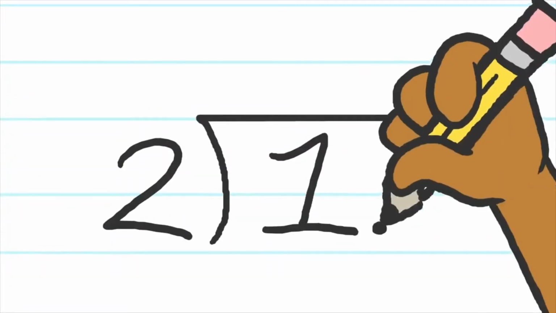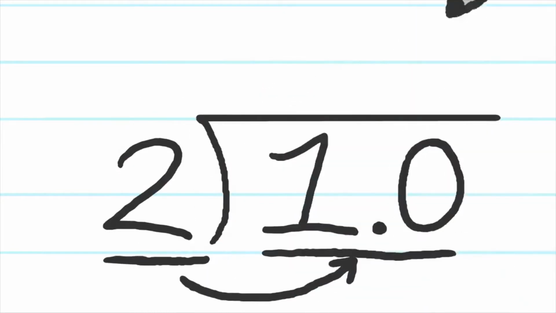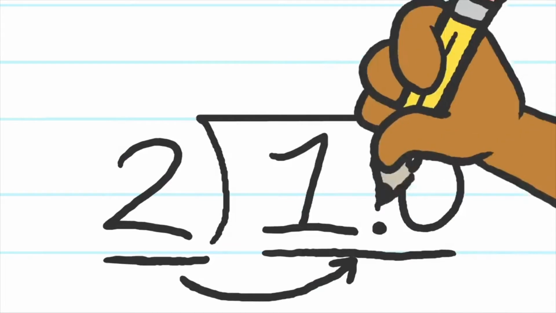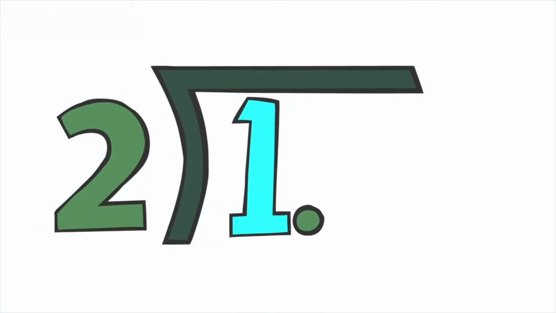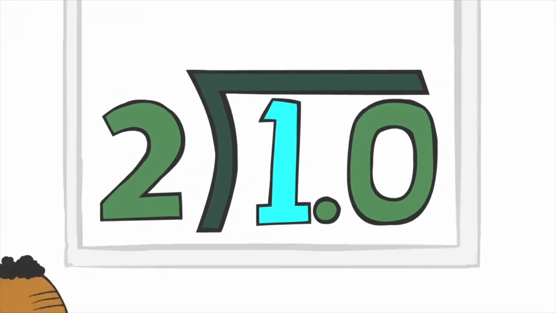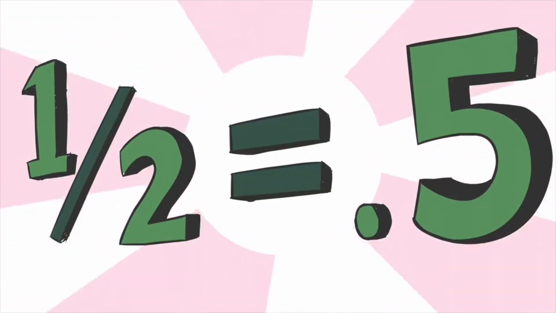Just write a decimal point followed by a 0. And you know 2 goes into 10 5 times. Then the decimal point rises above the line. The numerator becomes a dividend, and write a decimal point and a 0 in the tens. Divide and write the decimal point in the quotient, so 1/2 and 5/10 are equivalent.